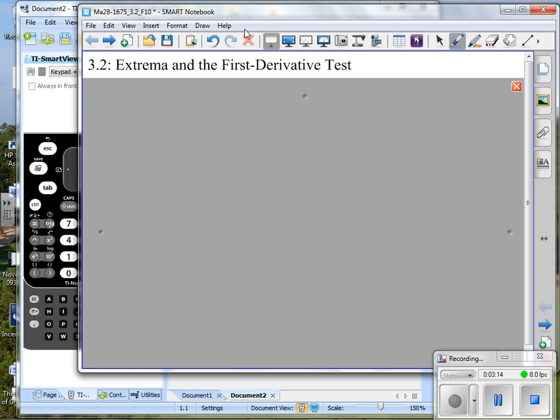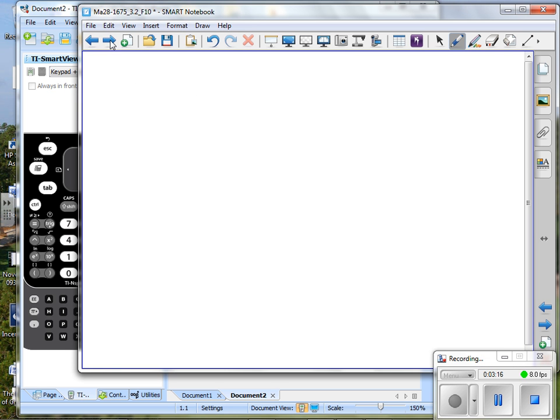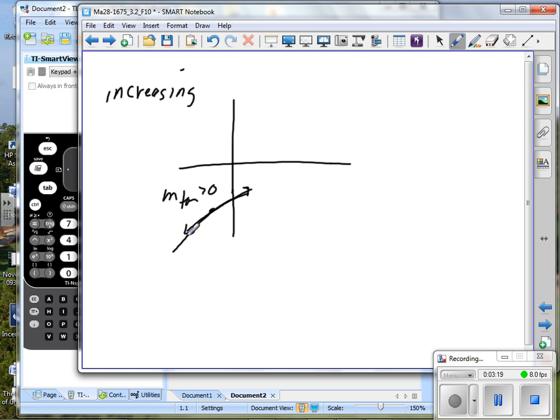Now, back to that work. If I have a curve that's increasing on this side and then all of a sudden it becomes decreasing, again, which part of the function am I looking at to determine if the function's decreasing? The input values or the output values? The output values.